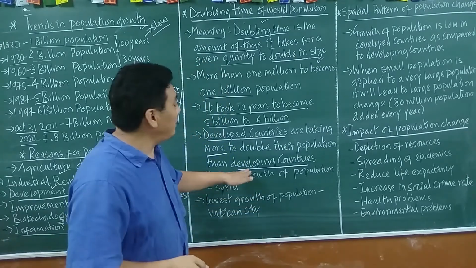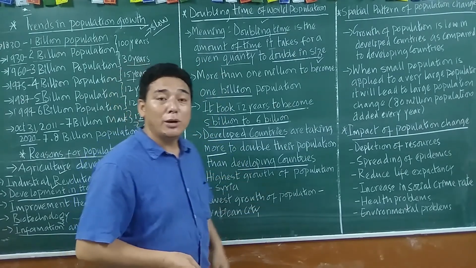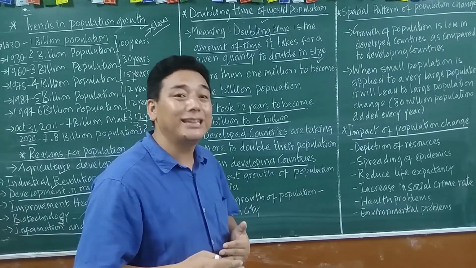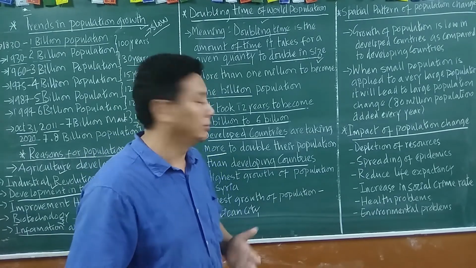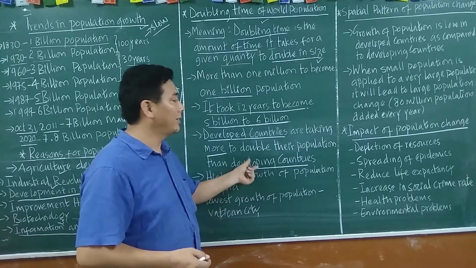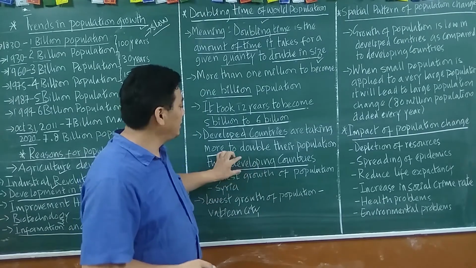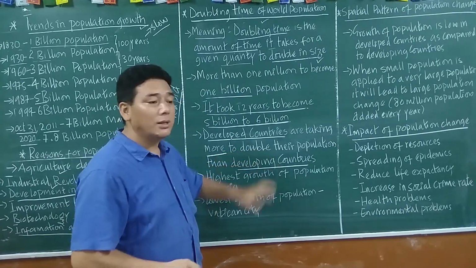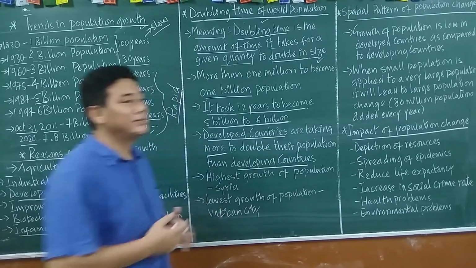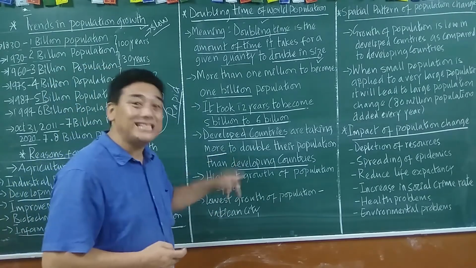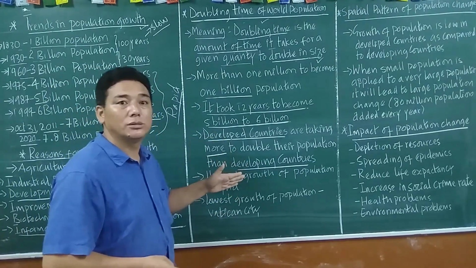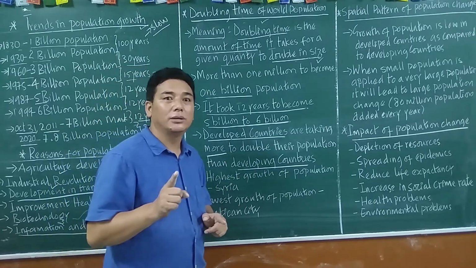In a developing country, when the population is growing, it takes less time to double the population. Why? What could be the reason?